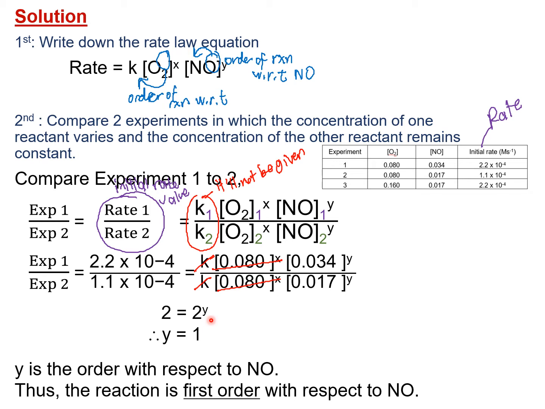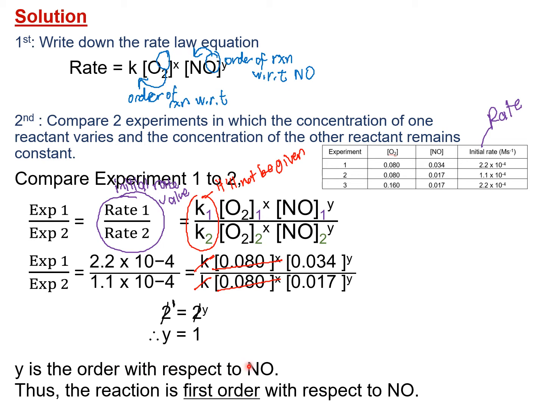And now, how can you find Y? Sebab 2 to the power of 1 equals to 2 to the power of Y. You can cancel out digit 2 ni, and now you will get Y equals to 1. Okay, what do we talk about Y? Y ni ialah order of reaction with respect to NO, kan?